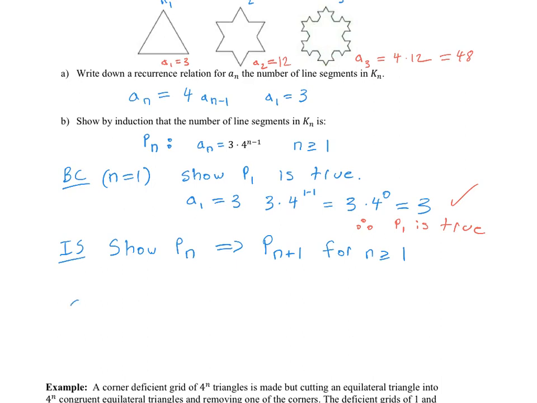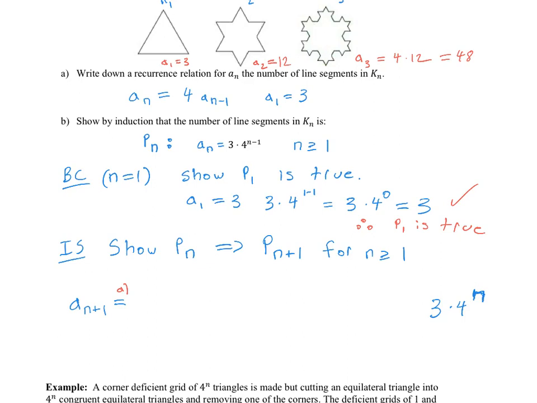So a sub n plus 1 needs to be shown to be the same thing as 3 times 4 to the power of n. Okay, now a sub n plus 1, one thing that we can do is use the recurrence relation from part A. So part A tells us, we've already proven or verified to ourselves that this recurrence relation works.